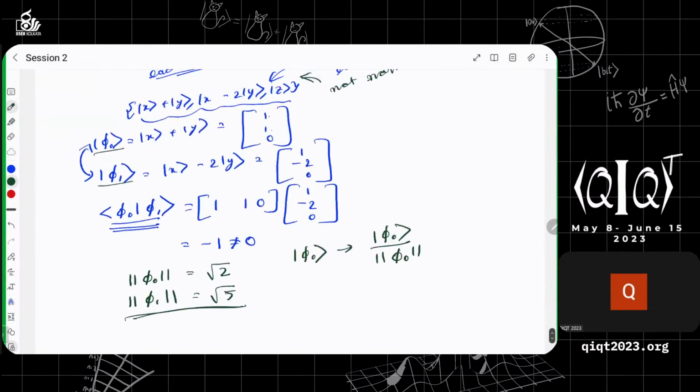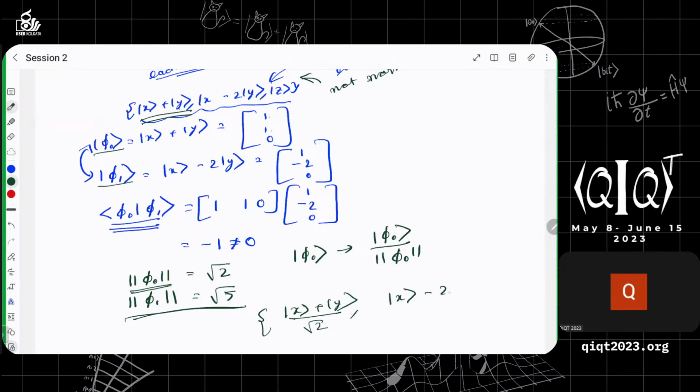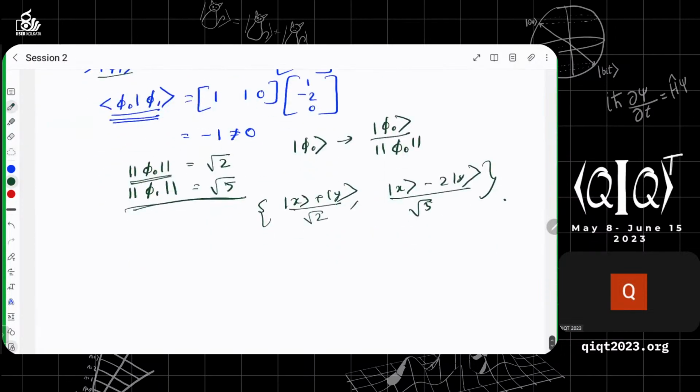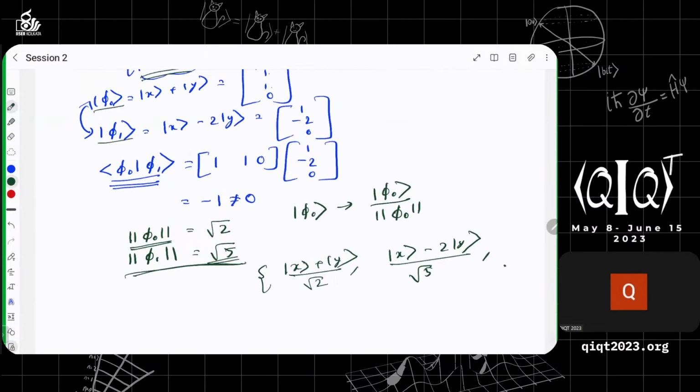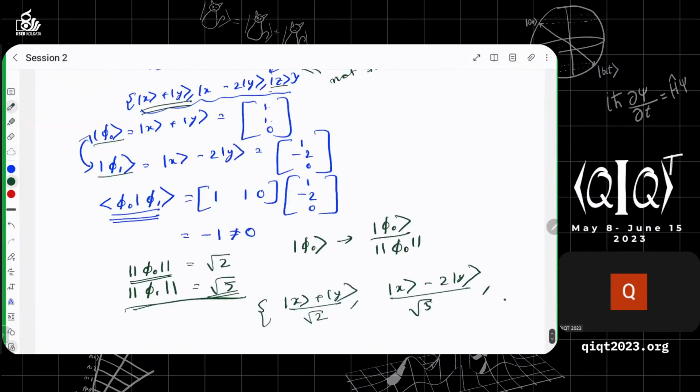So for example, in this case, phi naught is just ket x plus ket y, and the norm of phi naught is root 2. So like that, and phi 1 is x minus 2y, divided by root 5, because the norm of phi 1 is root 5. And of course z was already norm 1, so we don't have to do anything to it, so z.